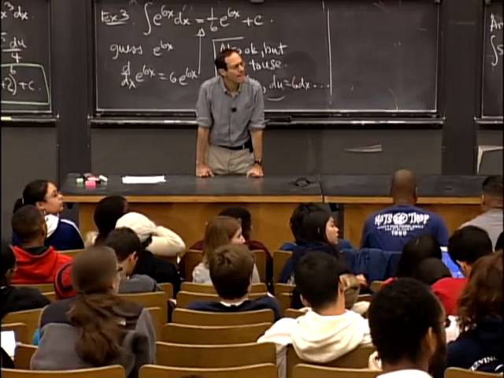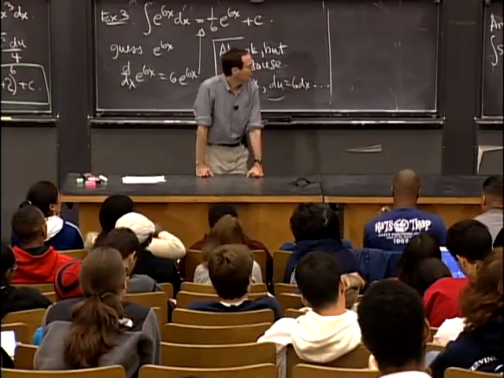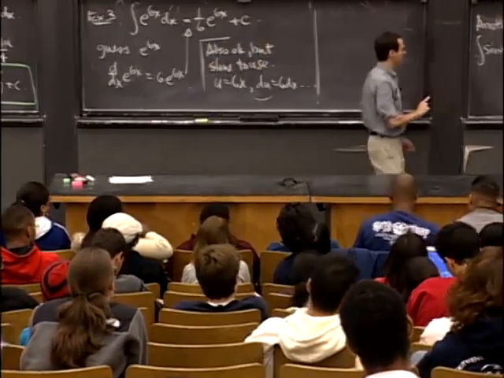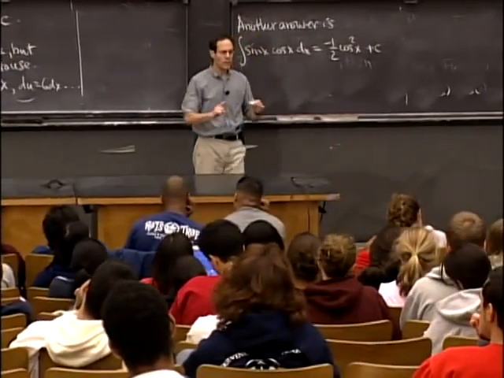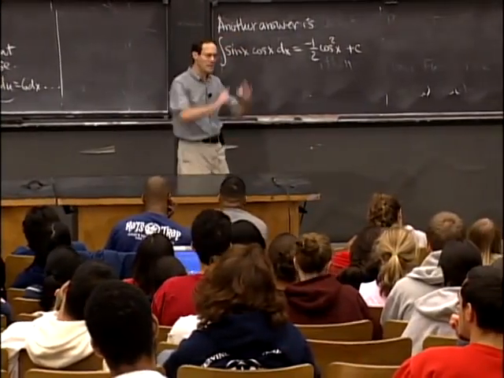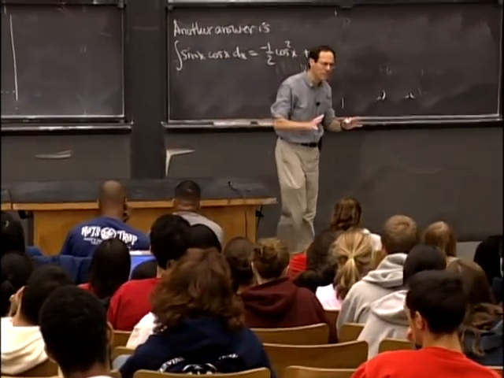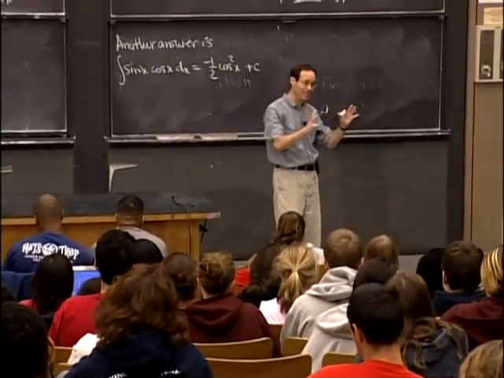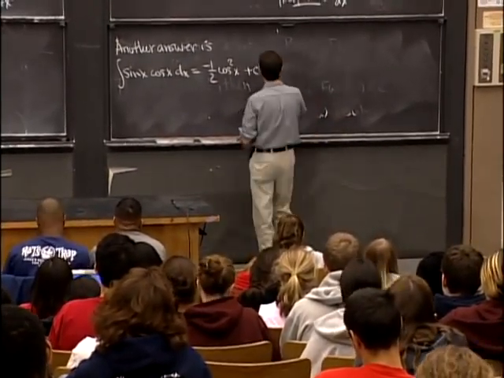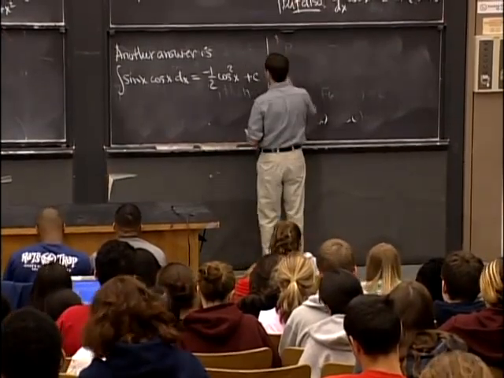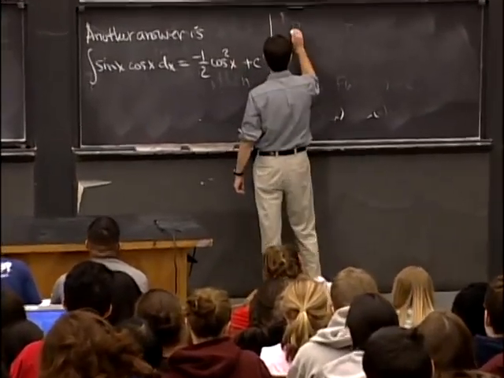If you add them together, you get C. Well, actually, that's almost right. That's not what you want to do, though. You don't want to add them. You want to subtract them. Okay? So let's see what happens when you subtract them. I'm going to ignore the C for the time being.